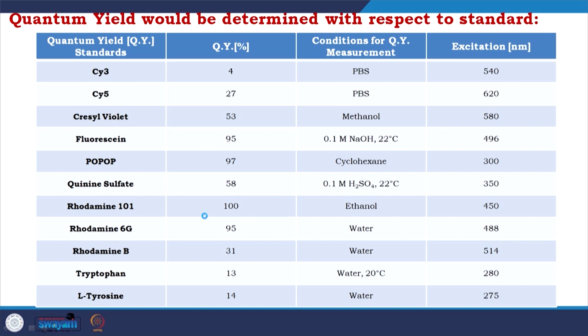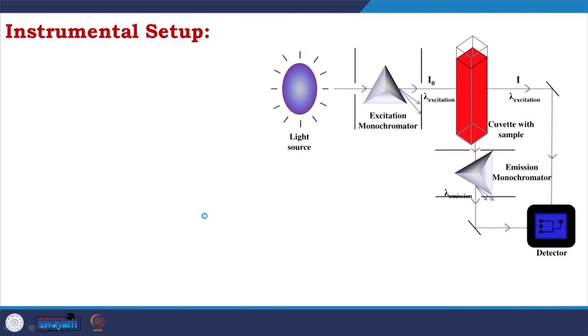So, you have to excite at a particular wavelength, and then you get the emission spectra. This is the internal setup of the instrumentation.